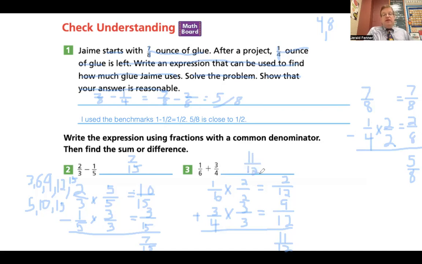Now, if you're struggling with this, you could either go back and watch the video a second time, or you could also go on to the video review that is at the very beginning of the lesson. This will help you to just review, maybe from somebody other than myself, how to add and subtract fractions with uncommon denominators.